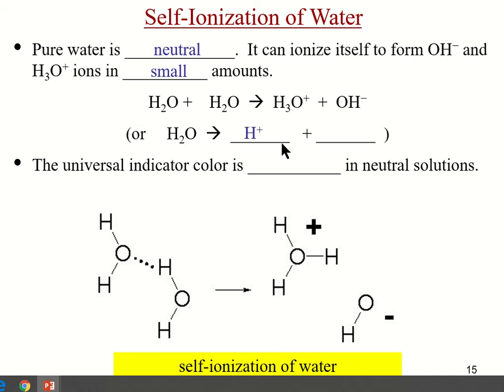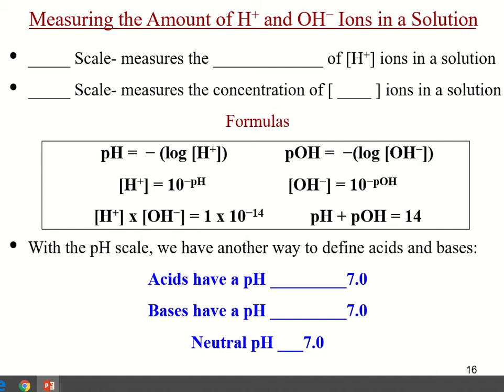It can be written this way as well, where you have the hydroxide and hydronium ions. The universal indicator color is green in neutral solutions. So water can actually break down and ionize itself, and that's why we use deionized water often when we're doing chemistry reactions.